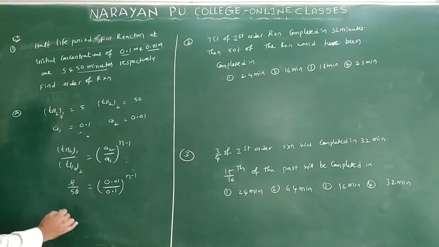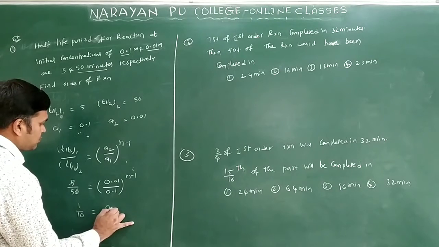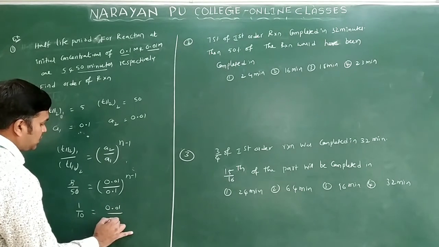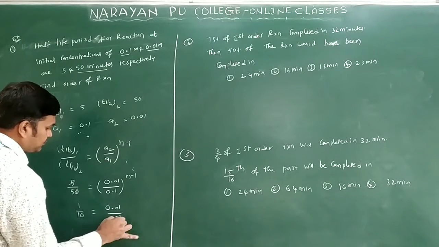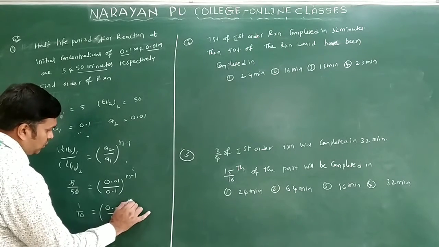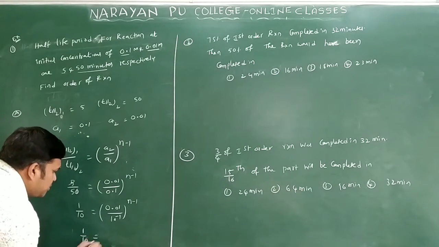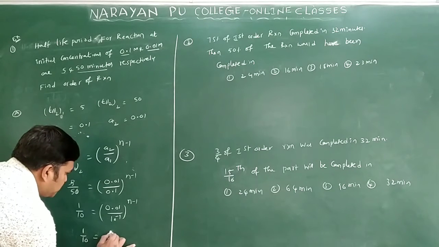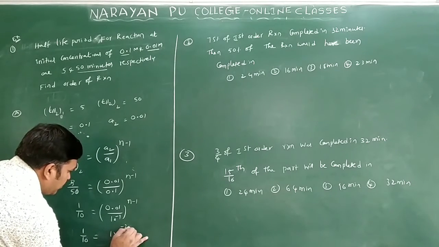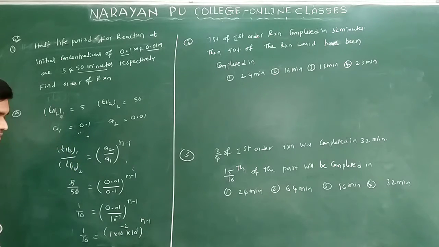So can I write here 1 by 10? So this is 1 by 10 is equal to 0.01 by 0.1. Can I write 0.1 as 10 power minus 1, whole power n minus 1? Taking 10 power minus 2 in the numerator and 10 power minus 1 in the denominator, what do I get?